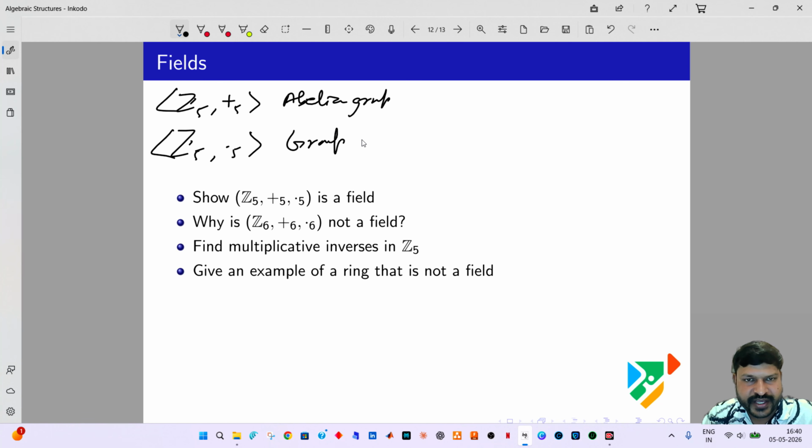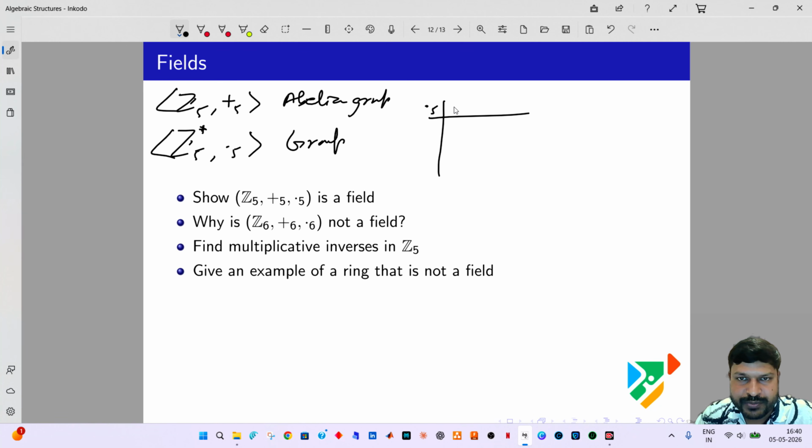It must have identity and inverse, apart from satisfying all the properties of a ring. Now let's see with respect to multiplication. Again, use the Cayley table because it is a finite set. It is always better to use the Cayley table, and you need to put a star here. That means you are removing the additive identity from this set, and then you are looking for whether the remaining set is forming a group or not.